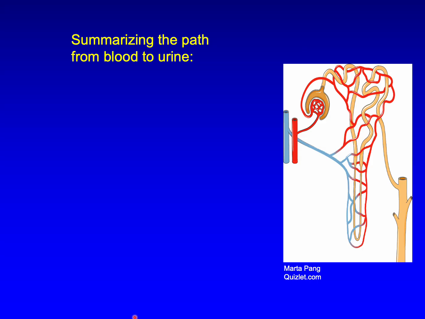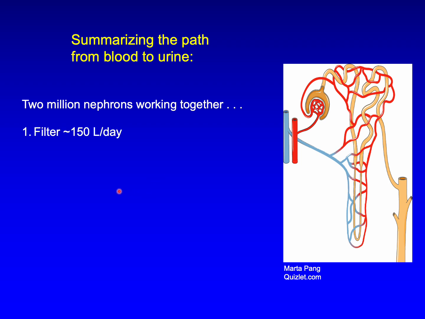And what kind of things do our own kidneys do? Well, we have 2 million nephrons working together, and the first thing they do is they create a lot of ultrafiltrate, about 6 liters per hour or 150 liters per day.